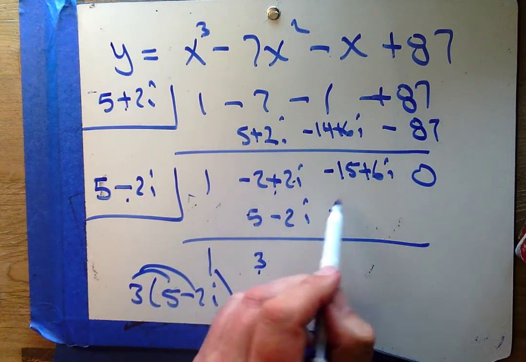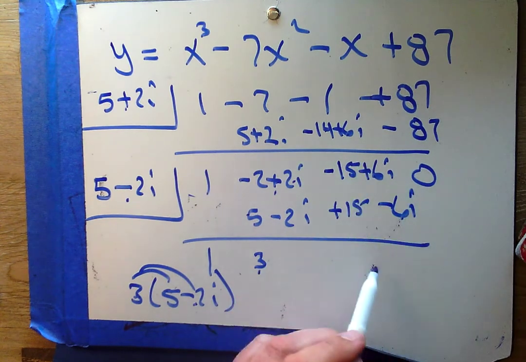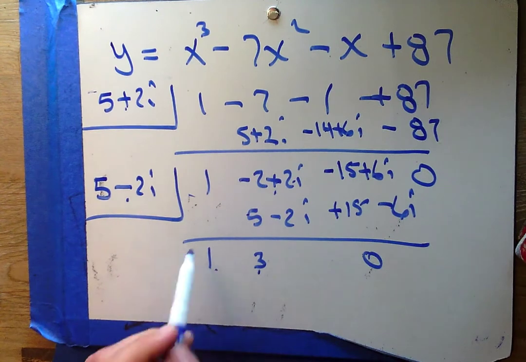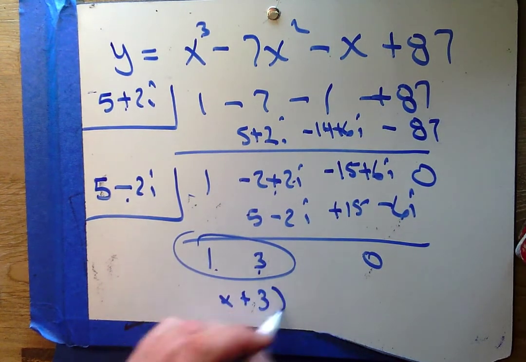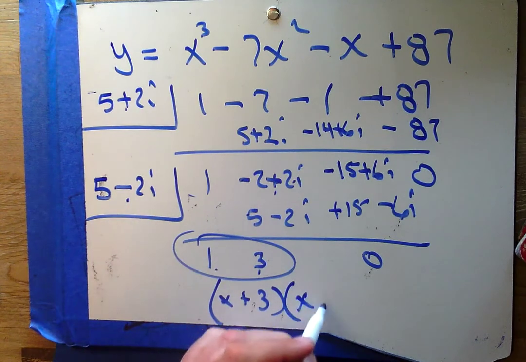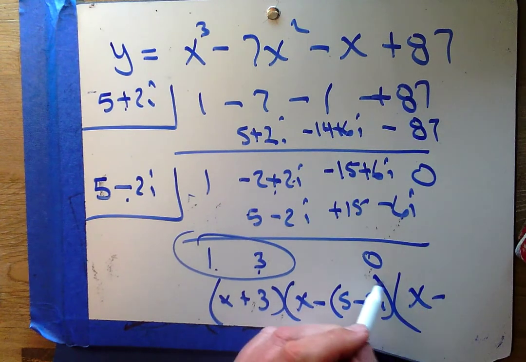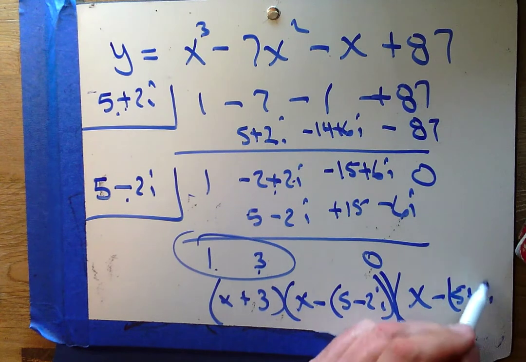I'm going to get positive 15 minus 6i. And look, 0. So that becomes x plus 3, x minus this 5 minus 2i, x minus this 5 plus 2i.